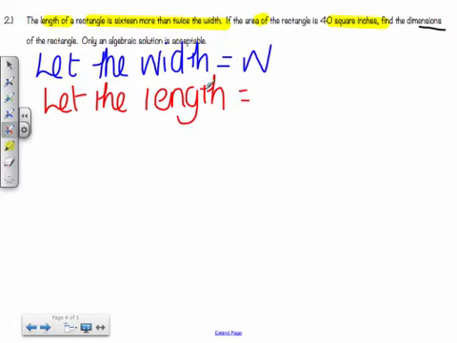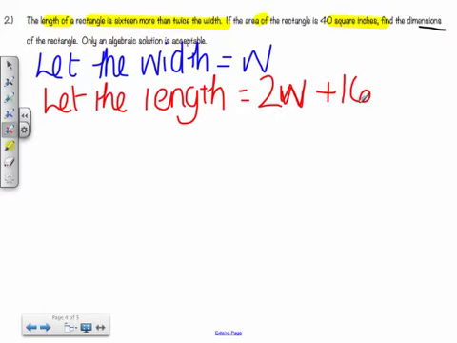I'm actually going to use the same variable, but I have information about the length based on the width. It says it's 16 more than twice the width. So I'm going to write out twice the width first. So twice the width is 2W.